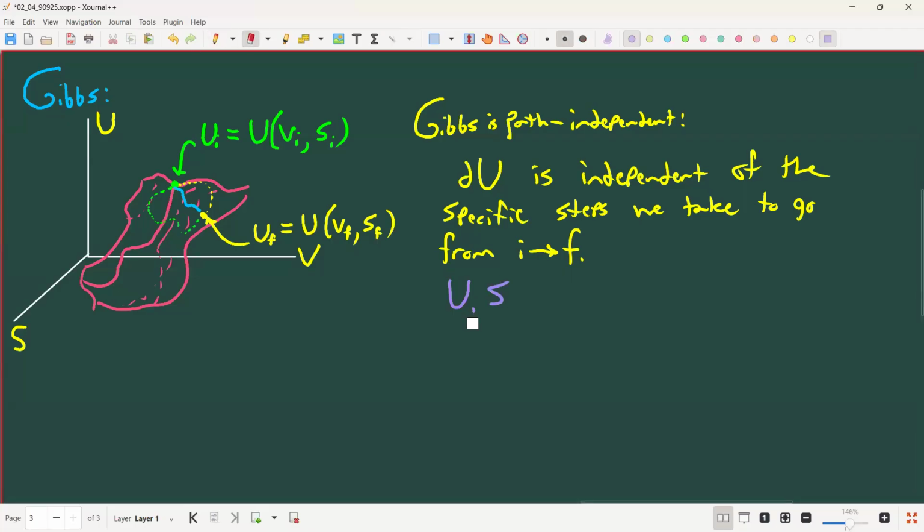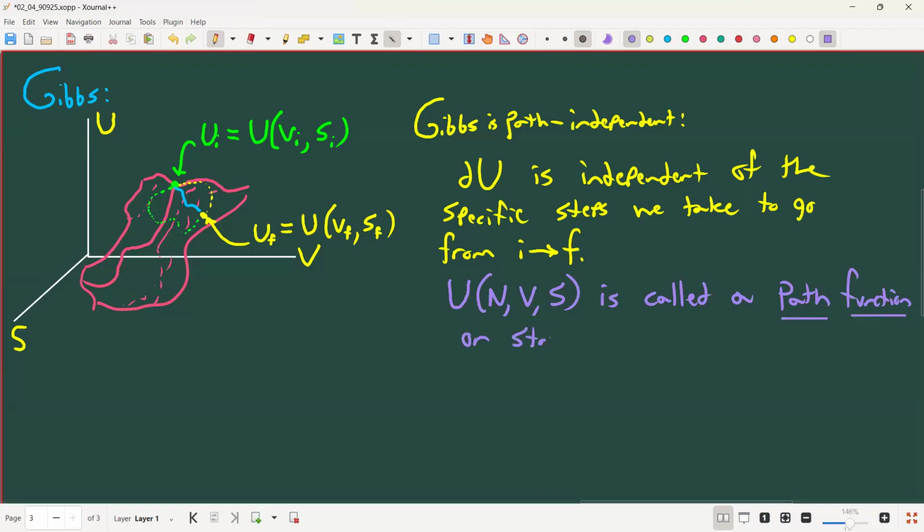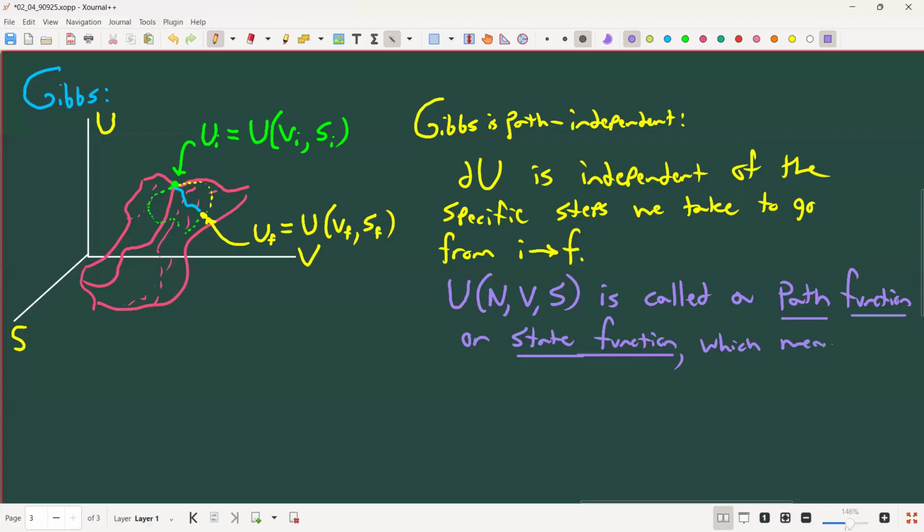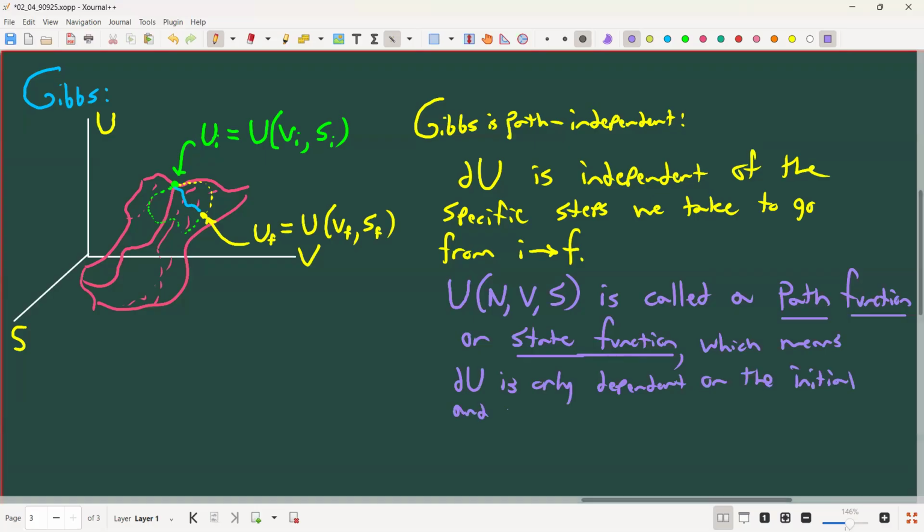So U of N, V, and S is called a state function, different terms, same meaning, which means that any change of that value, dU, is only dependent on the initial and final values of the parameters, not the path, how you move through the parameters.